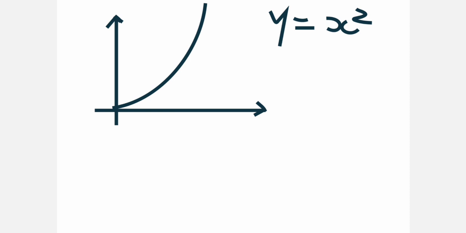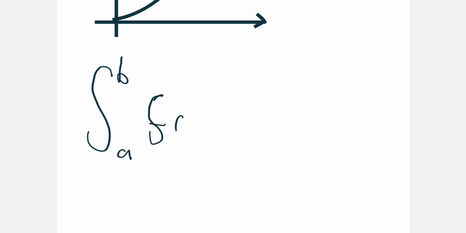Okay, so the formula to work out this area under the curve is this. Well, the formula for any area under the curve is this. The integral from a to b of f of x, function of x, dx.